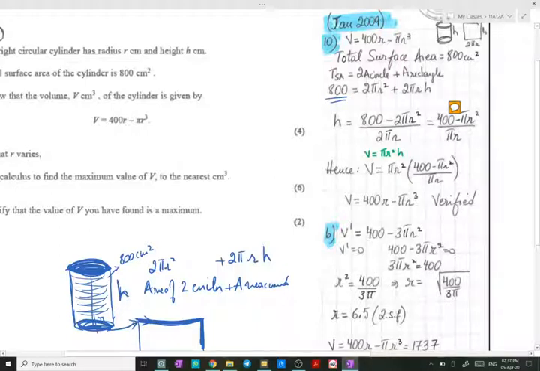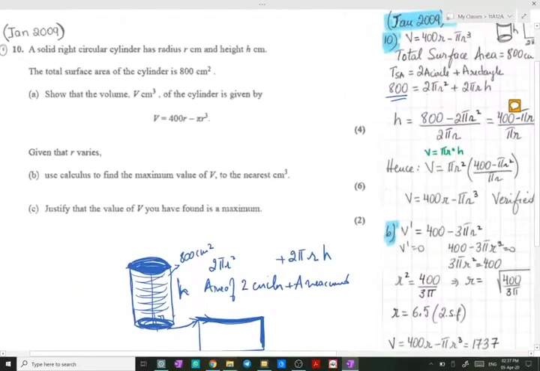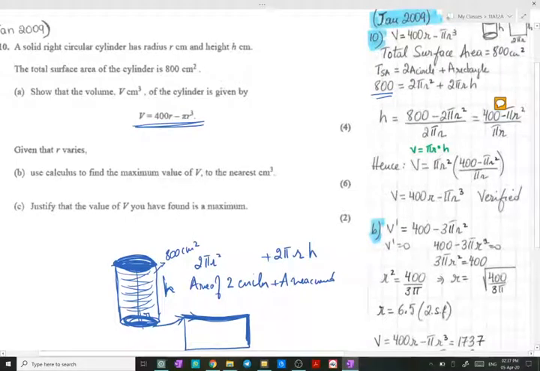Now we need to continue reading the question. Show that the volume V centimeter cubed of the cylinder is given by this formula. So now we need to find the volume of this cylinder such that it only contains r and pi.